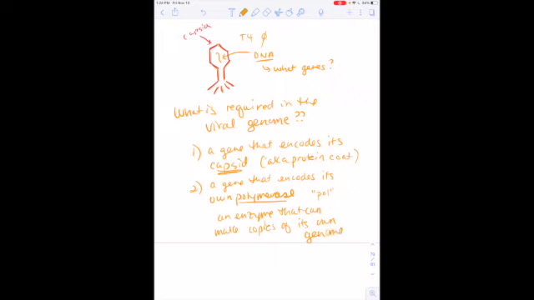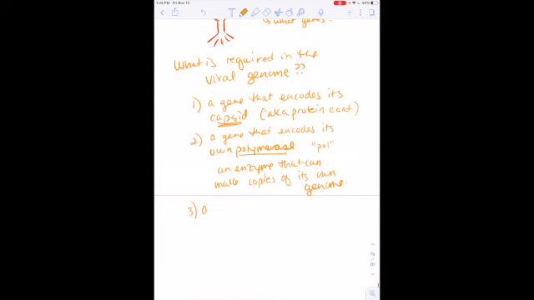Third up, it needs a gene that encodes some substance that can get it in and out of the cell. So a gene that encodes a protein that will get in and out of the cell.